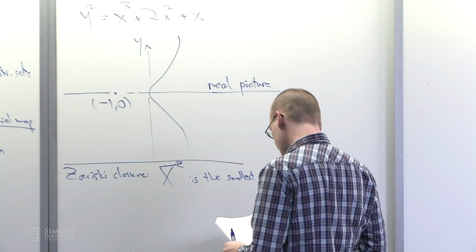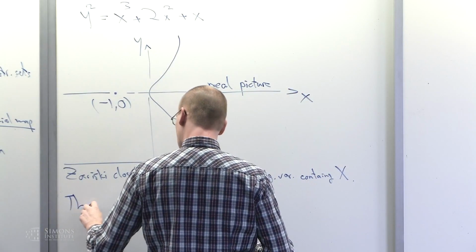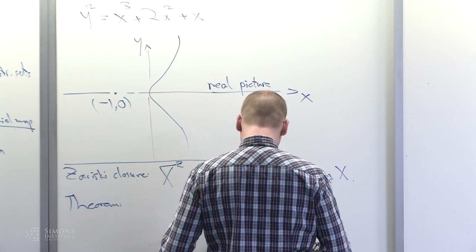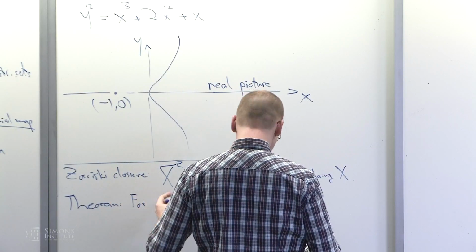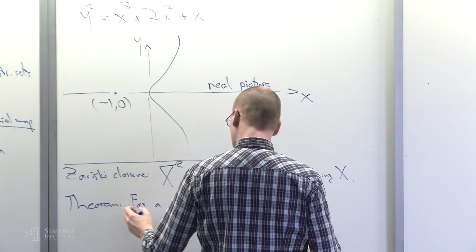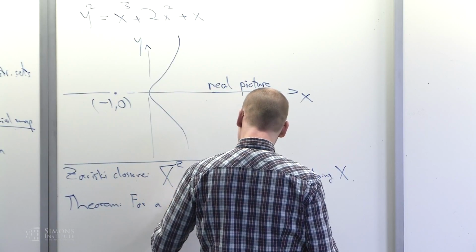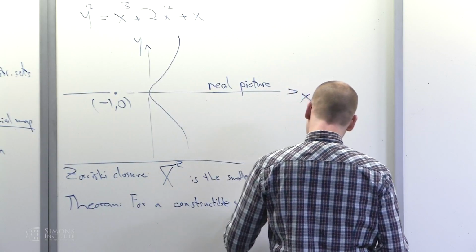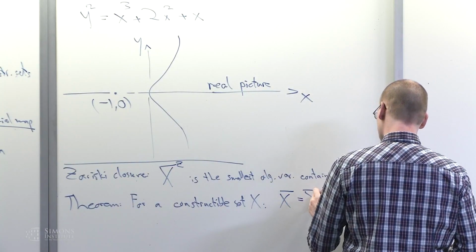Now the theorem is, and it works over the complex numbers, that if you have a constructible set, then the closure is equal to the Zariski closure. So the usual Euclidean closure is the same as the Zariski closure.